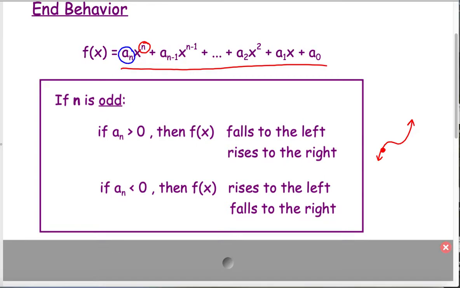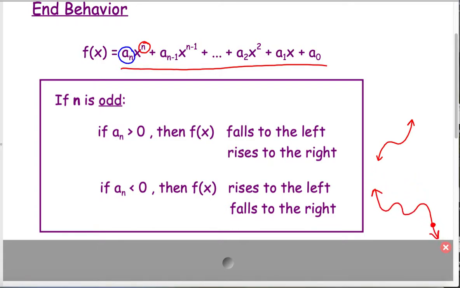Let me give you an example. It doesn't have to be x cubed, it could be any graph. For example, it could look something like this. This is saying that our degree is odd, like x to the fifth or x to the seventh. If the degree is odd and the leading coefficient is negative, then as x gets really, really big, my graph is falling to the right.